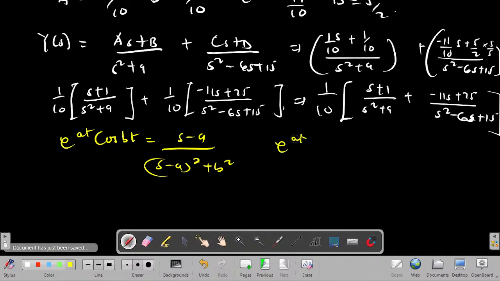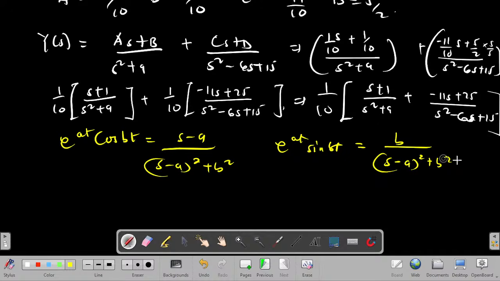E to the power at sine bt is the same as b over s minus a all squared plus b squared. Okay, then if you have sine at, it is the same as a over s squared plus a squared, and if you have cos at, it is the same as s over s squared plus a squared.